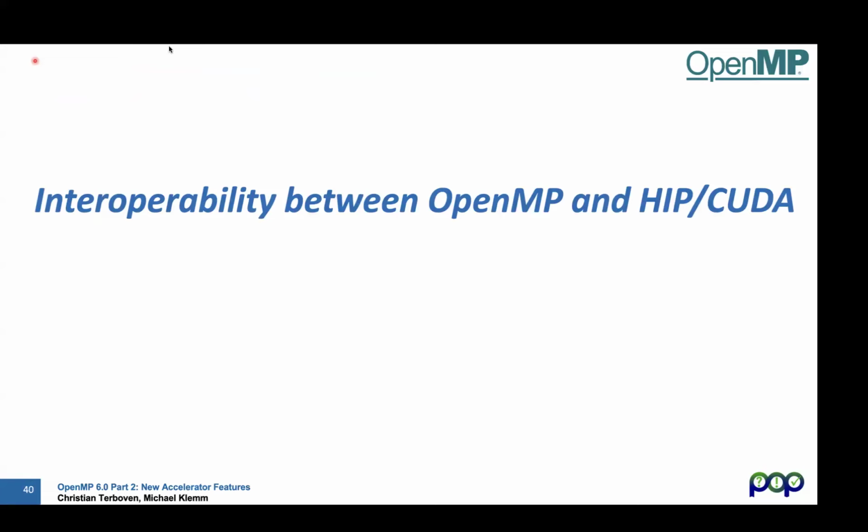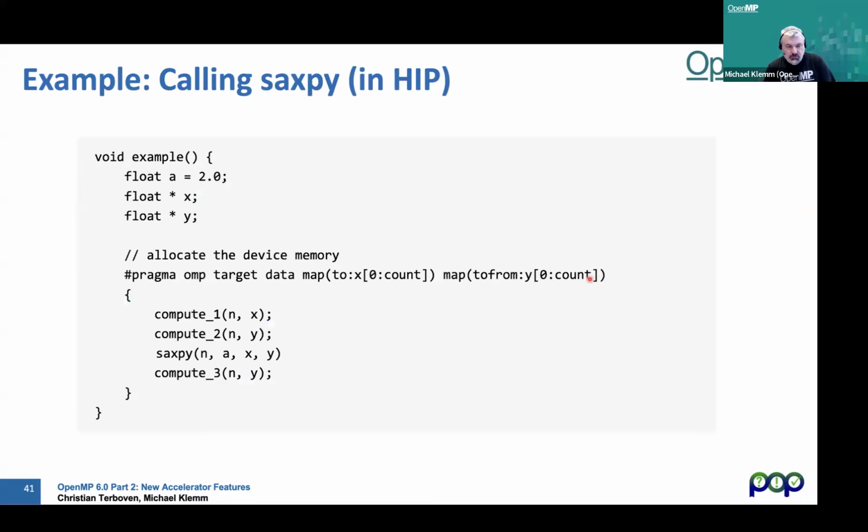All right. So interoperability between OpenMP and HIP and or CUDA and maybe even OpenCL if OpenCL is a thing for you. But I will restrict myself to those two. So the idea of this is that we have a bunch of kernels like compute 1, compute 3, that are running inside a data environment.